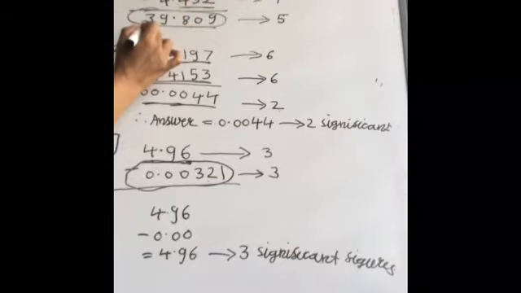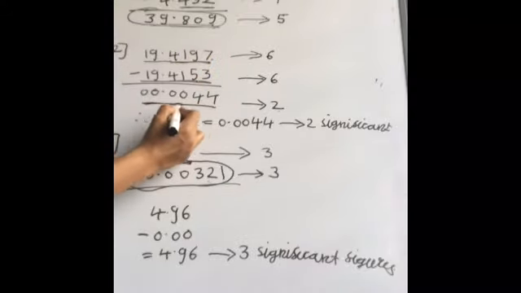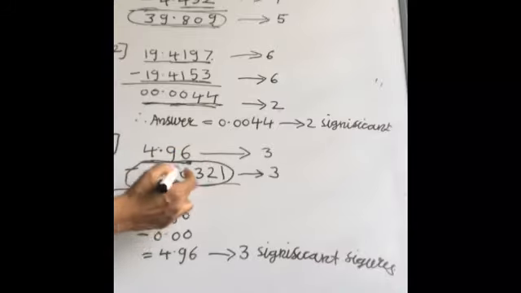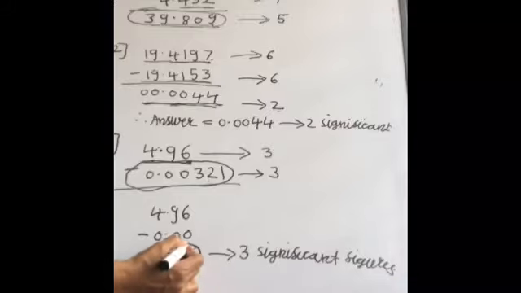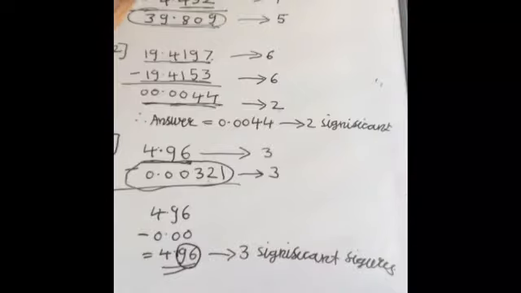Here they are 3, so we take 3 in the answer. Here they are 4, so in the answer we take 4 digits after decimal. Here they are 2, so we take 2 digits after decimal in the answer. These are the rules for addition or subtraction. For addition or subtraction the rules are the same. Thank you.